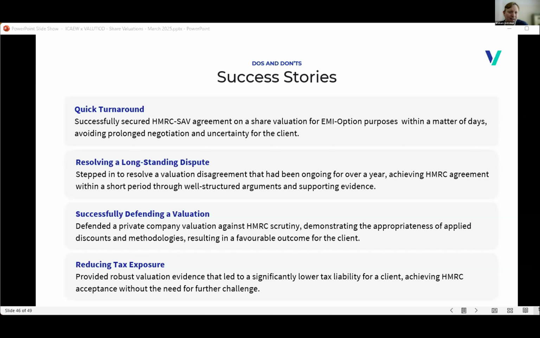And finally, reducing tax exposure. By providing a well-supported and robust valuation, HMRC accepted our report conclusions without the need for further challenge, providing a good outcome for our client. So these are all ways that good, strong drafting of valuation reports will help make things easier in the long run.